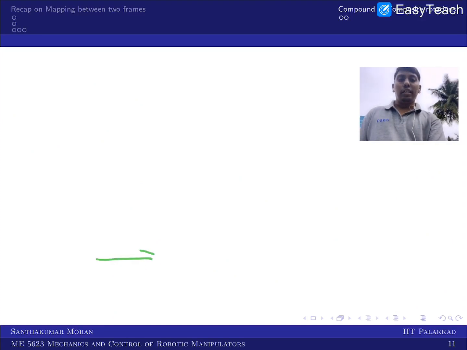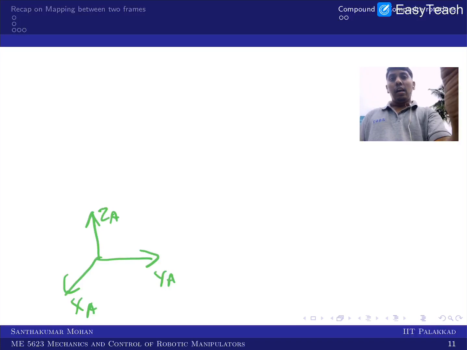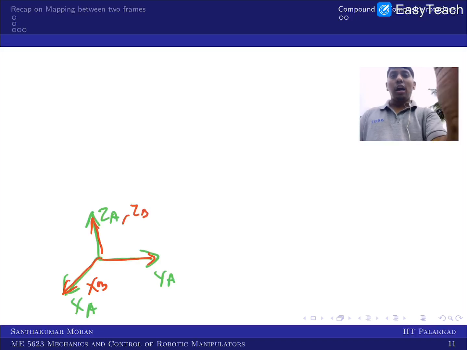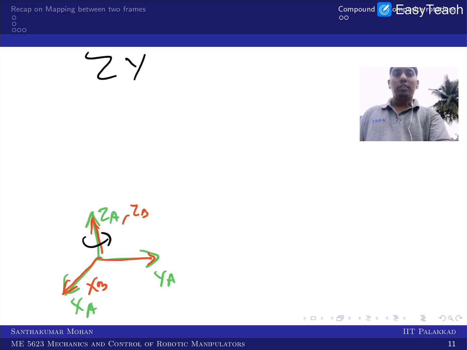So you can see that initially I assume that this is your xa cap, and this is ya cap and za cap, and in order to give an address I say this is your xb, and now what I am doing, you can see this is supposed to be this way, so I am saying this is zb. Now I am rotating about the z axis, because I am trying to make this.